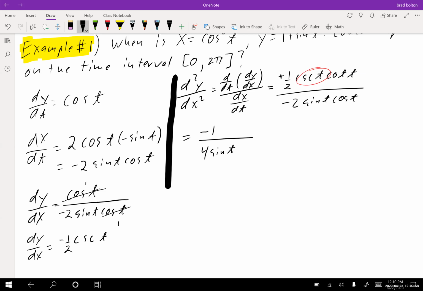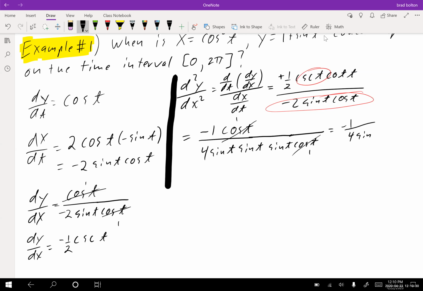And then the cotangent is actually cosine over sine, so this will be cosine of t over sine of t. And then I still have the rest of this. I already used the 2 up, but I have to deal with the sine and cosine, so sine t cosine t. So the cosine cancels, leaving 1. So we end up with negative 1 over 4 sine cubed t. I could write this a little better.